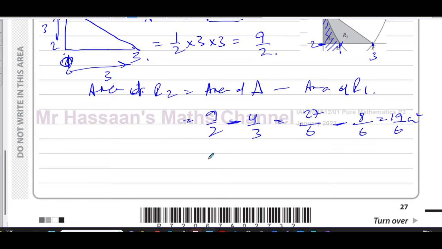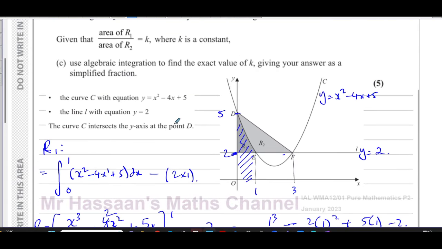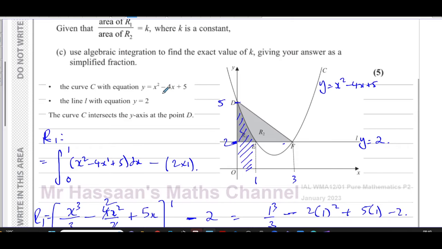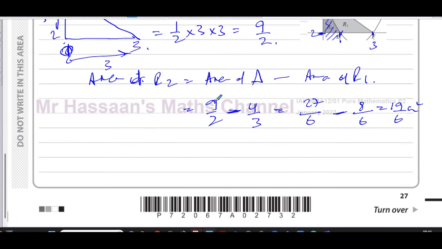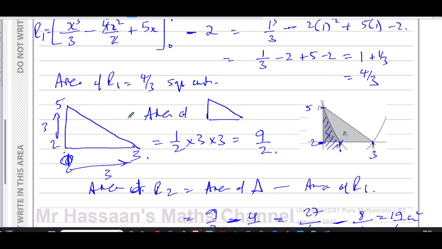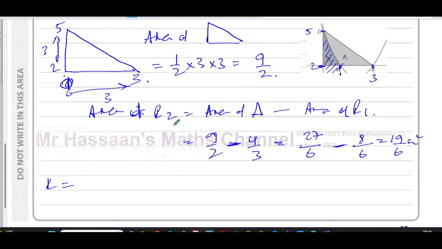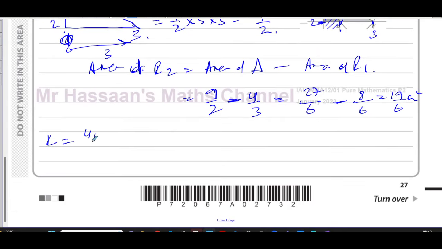All right, now, we haven't quite finished because they asked us to find the ratio of R1 to R2, which is equal to K. So K is equal to the area of R1, which is 4 over 3, divided by the area of R2, which is 19 over 6.